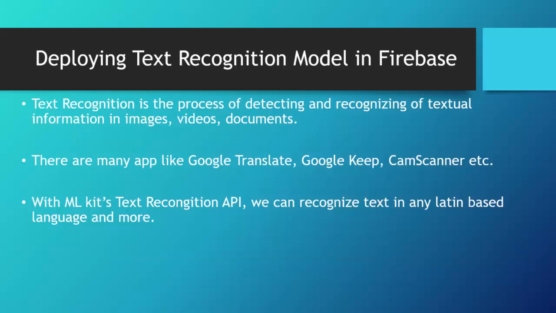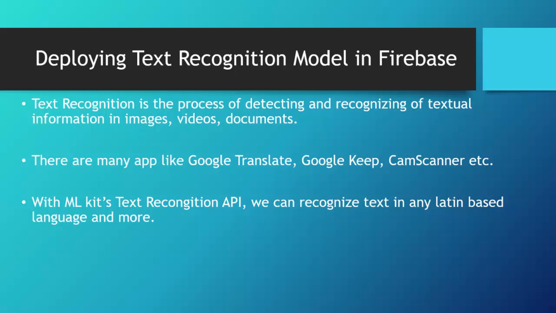Now we will see one of the APIs called the text recognition API. We will discuss how to deploy a text recognition API in Firebase. Before going inside that, we will discuss the basics of text recognition. Text recognition is a process of detecting or recognizing text which is there on images or videos or documents or PDFs or somewhere else, such as a GIF. There are many apps like Google Translate and Google Keep and CamScanner and U Dictionary that offer a plenty of text recognition applications.